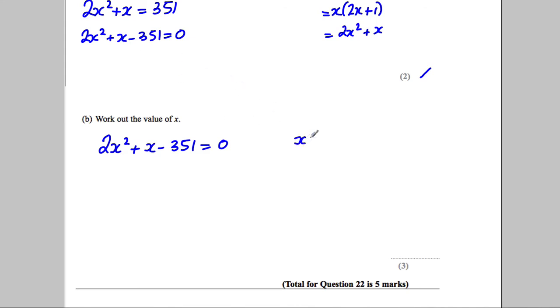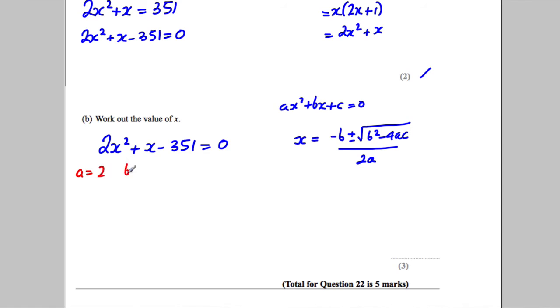And the quadratic formula says that x is equal to negative b plus or minus the square root of b squared subtract 4ac all over 2a, for a quadratic of the form ax squared add bx add c equals 0. So in this case our a is 2, our b is 1, and our c is negative 351. Important you get the negative there.